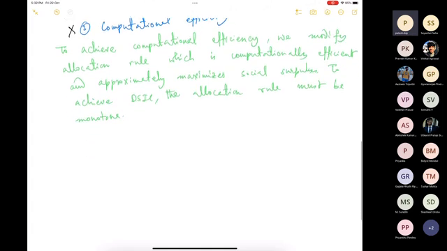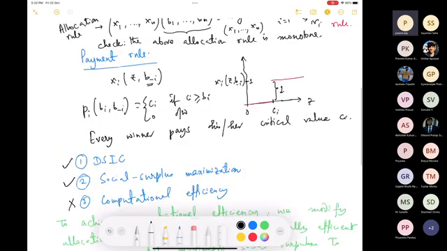Okay, so let's see. Now we design a greedy algorithm for this problem, and by the way this problem is called the knapsack problem.